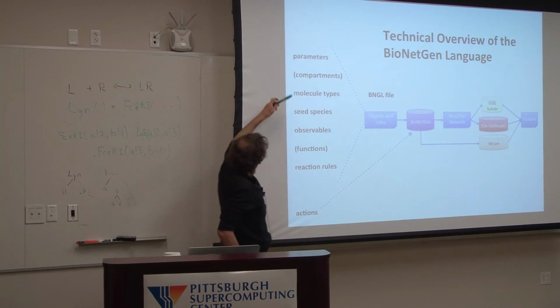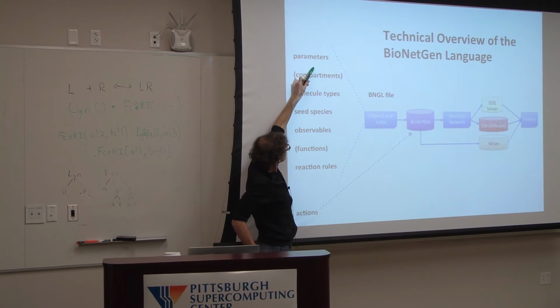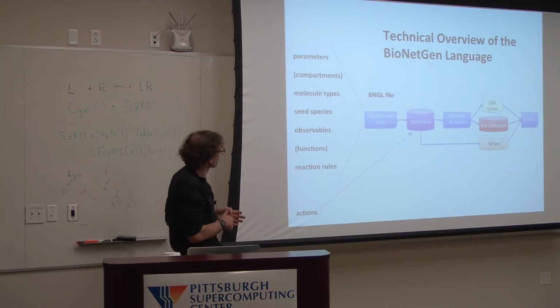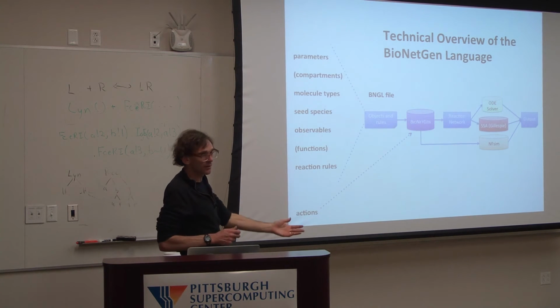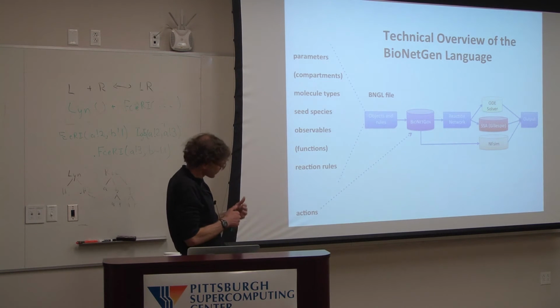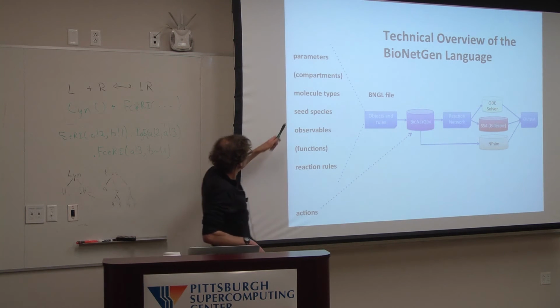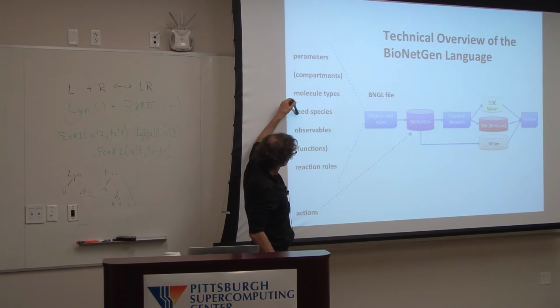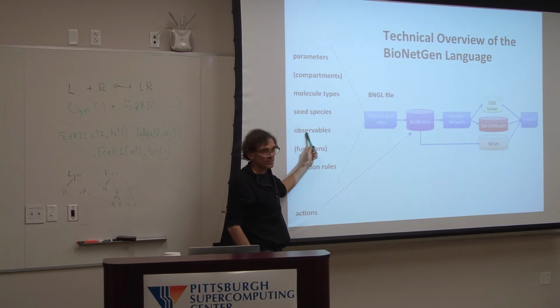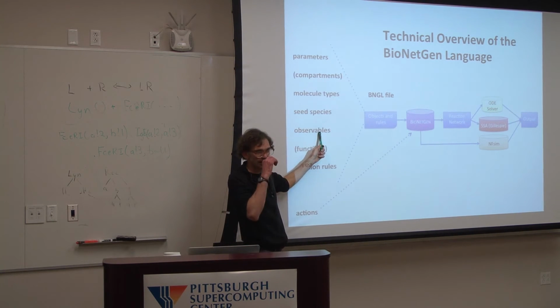So there are parameters which define things like rate parameters and initial conditions, compartments which will define the topology of the different compartments in your model, and defining this is important if you want a model that you want to export to a tool like MCell that's going to now give an explicit spatial representation. You need to define your molecule types. You need to define the species that are present initially in the system. Observables represent the outputs of your system. They're much like the counts that you define in MCell.